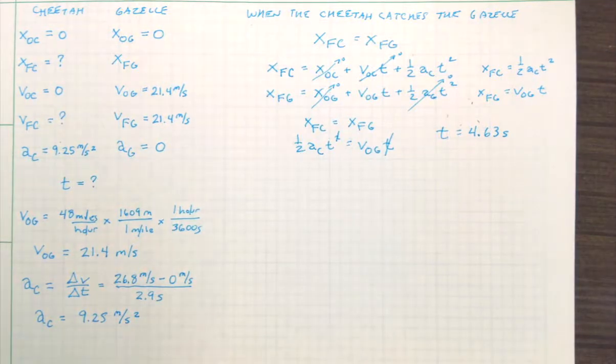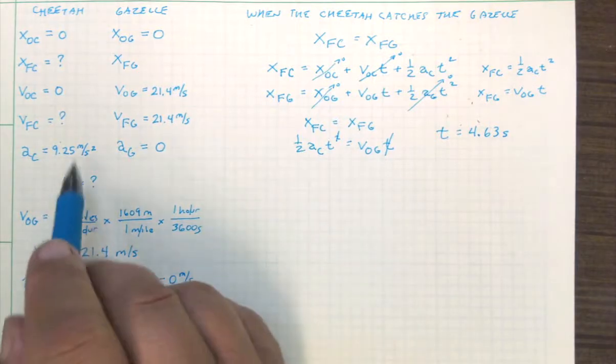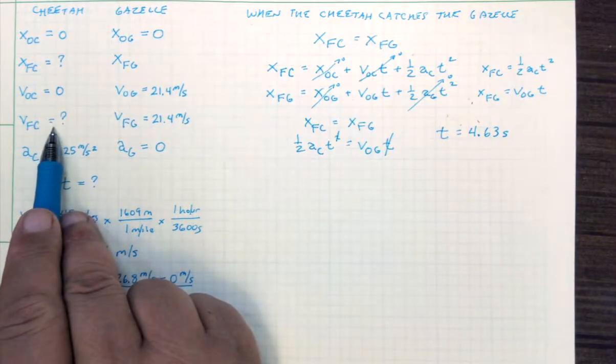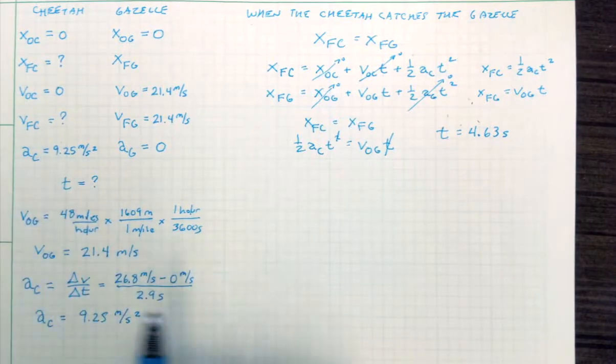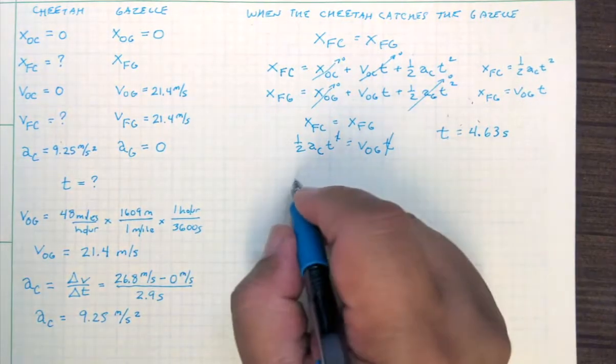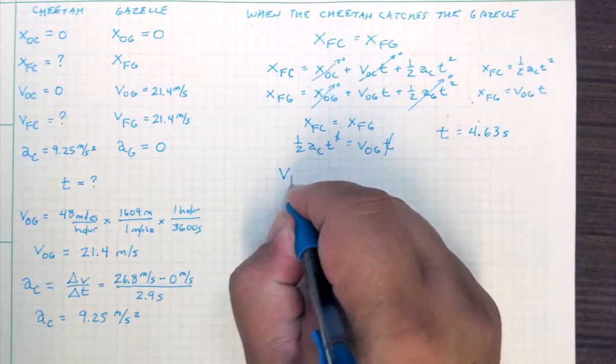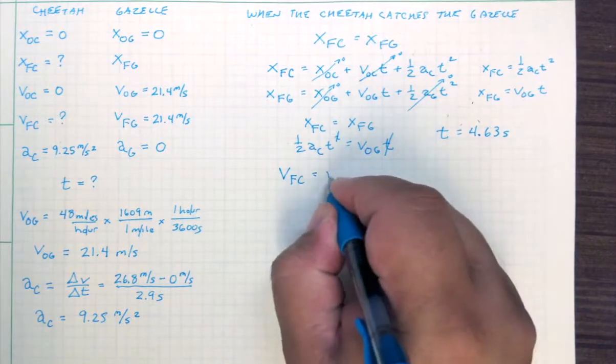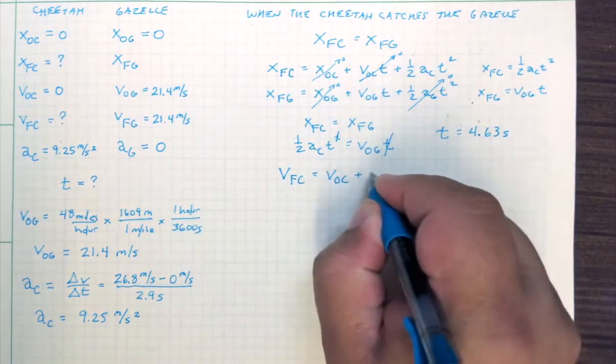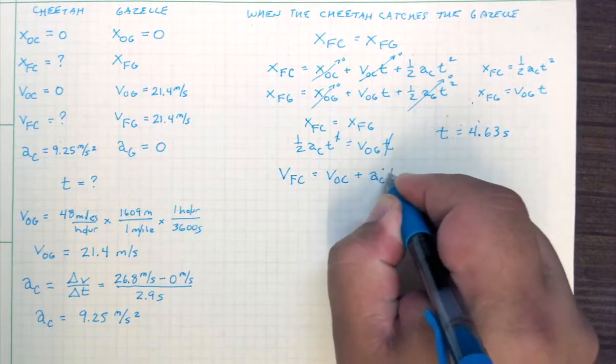The next question asks us, how fast is the cheetah traveling when it catches the gazelle? That's to find the final velocity of the cheetah. Well, since we know so many other things now, that is a simple matter of using the first kinematics equation to calculate the final velocity.